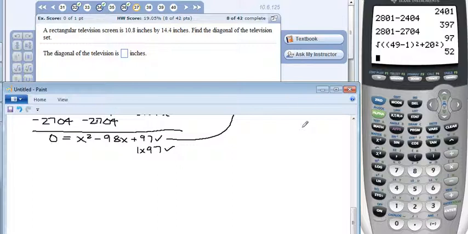But think about your TV, okay? TV sets are usually rectangular in nature. This one says it's 10.8 by 14.4, okay, inches. Pretty small TV. And we want to find the diagonal.